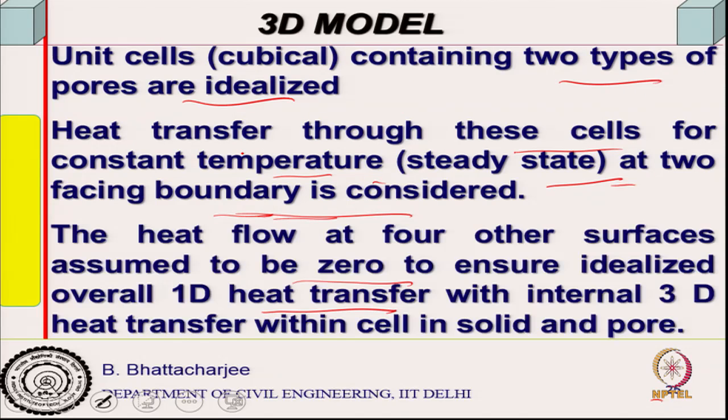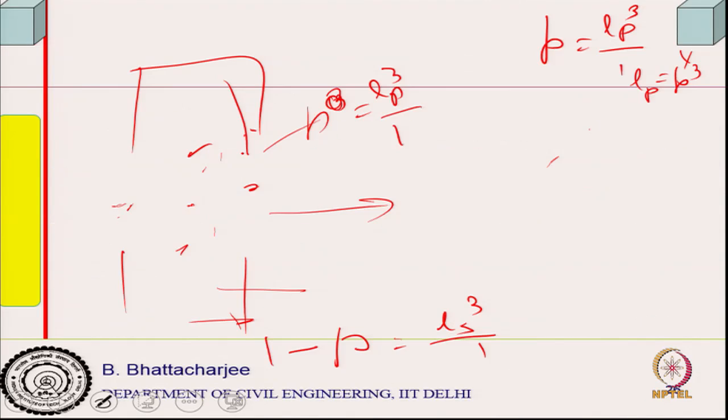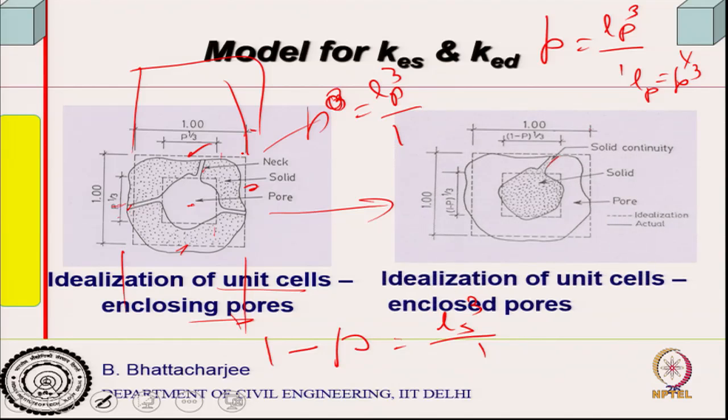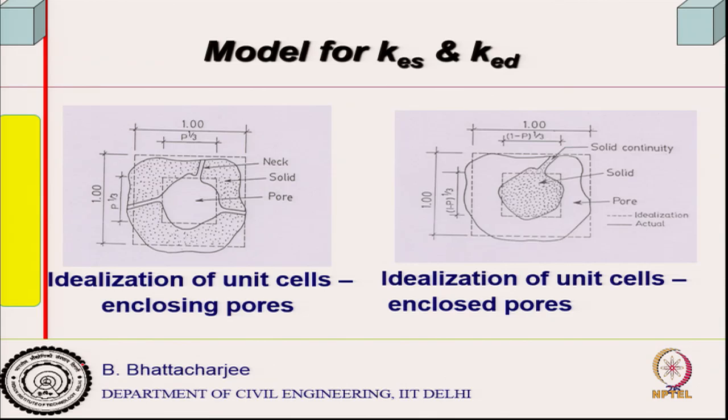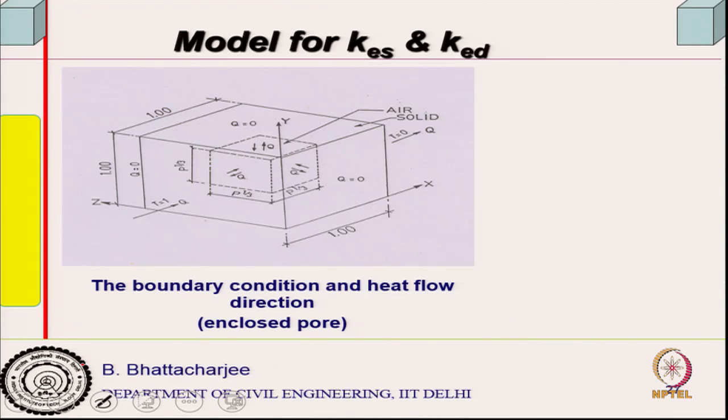This is, in a way, a 3 dimensional extension of the series parallel model, and one can solve this heat transfer problem. How does one solve it? Simply like this. This is your unit cube, heat is flowing in, and some of the surfaces will be 0. This side no heat flow, Q is equal to 0, this side no heat flow, except in this direction Q is going out.